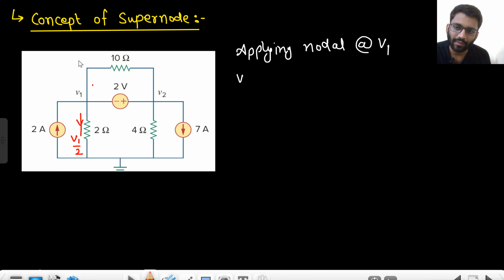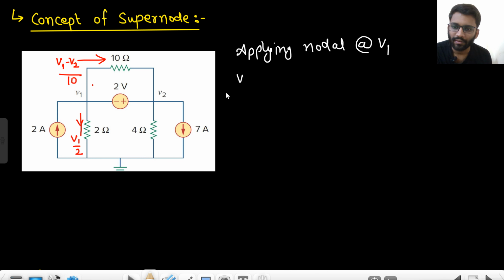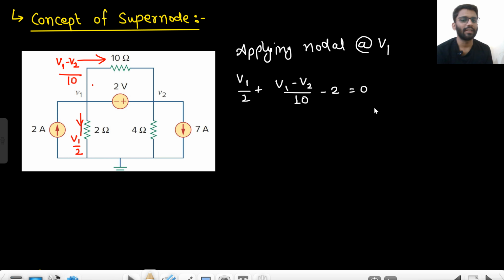The current in this branch will be (V1 minus V2) by 10, right? So let's just write it. V1 by 2 plus (V1 minus V2) by 10 minus 2 equals to 0. Is it fine? Is it all correct?